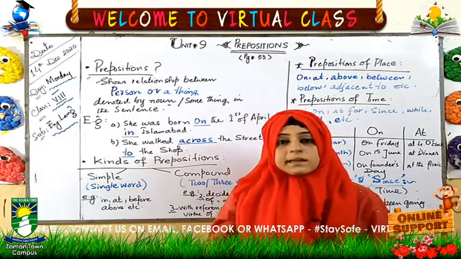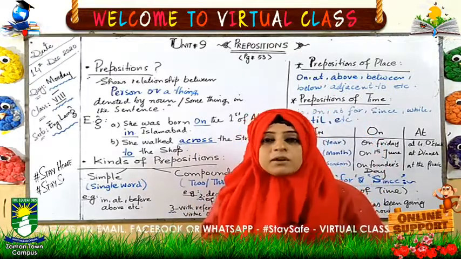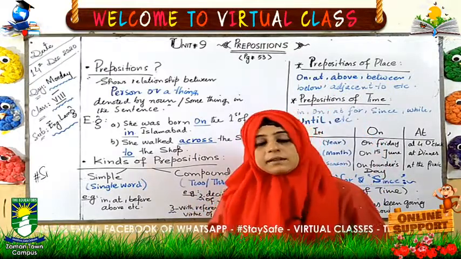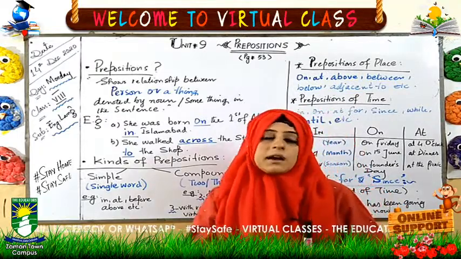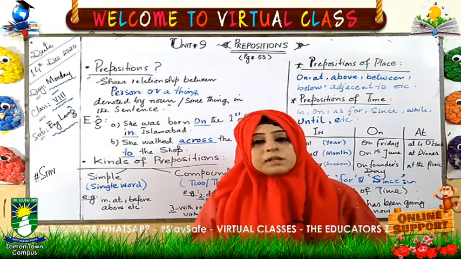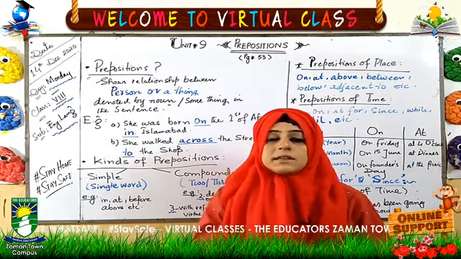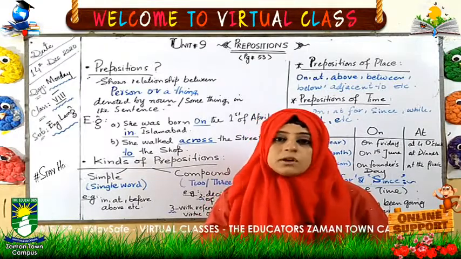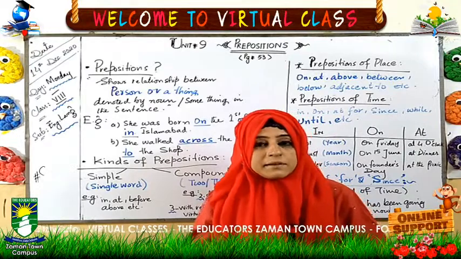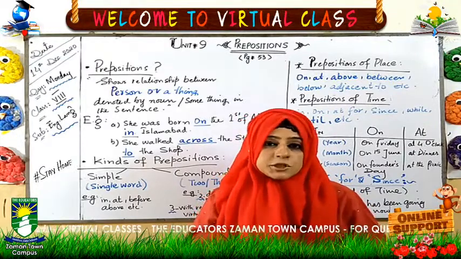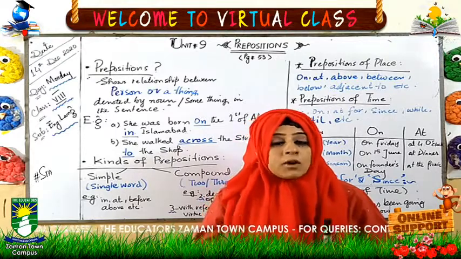But the exact definition, which we are going to learn in this lesson, is that it is a kind of relationship between the subject of the sentence and the other nouns that have been used. For instance, in "I live in Karachi," I is the subject and Karachi is the noun.